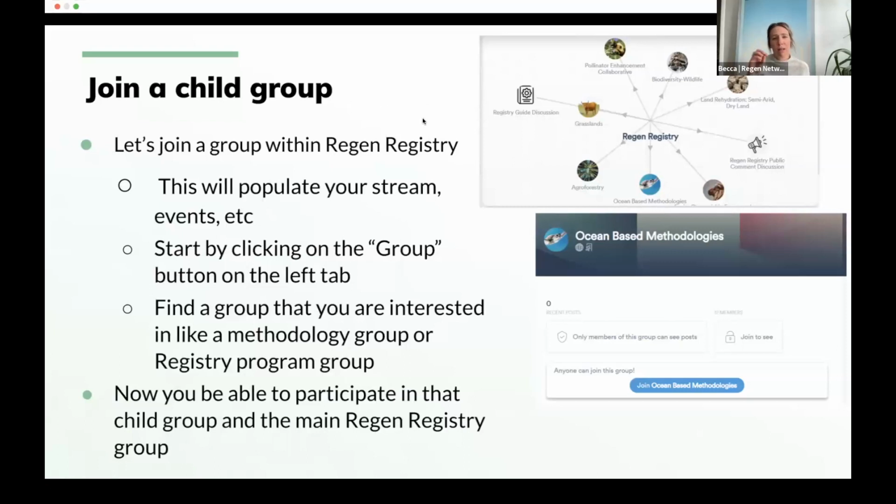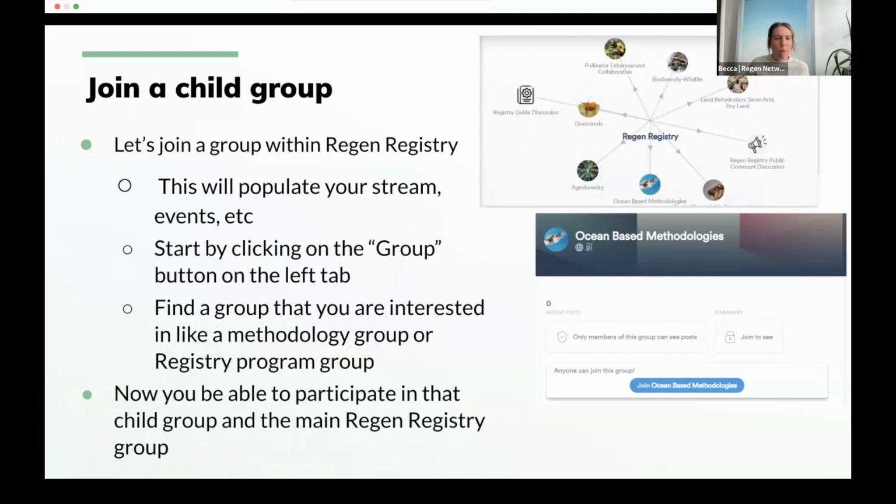And again, the groups with the colored icons are the methodology topical areas, and some of those are more evolved than others. And then the black and white icons are registry program dedicated ones, the guide discussion and public comment discussion. And you can join all the groups. You can join just a few of them. There's certainly plenty of room for everybody.